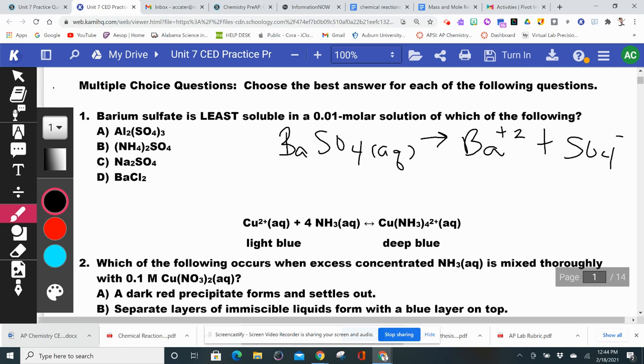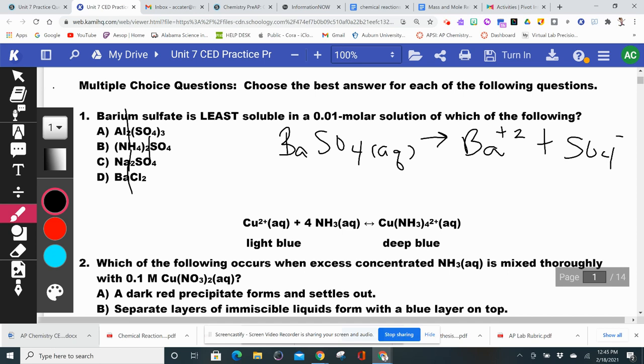Would it be adding more sulfate, adding aluminum sulfate, ammonium sulfate, sodium sulfate, or barium chloride? All of which are soluble in water. So if they all split up, what do they split up into? Sulfate and aluminum, sulfate and ammonium, sulfate and sodium, and then chloride and barium.